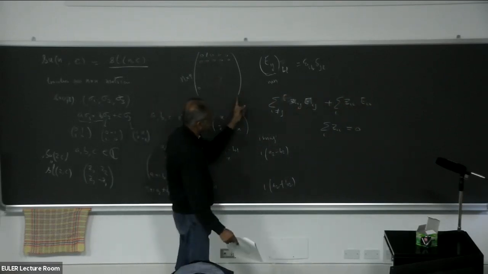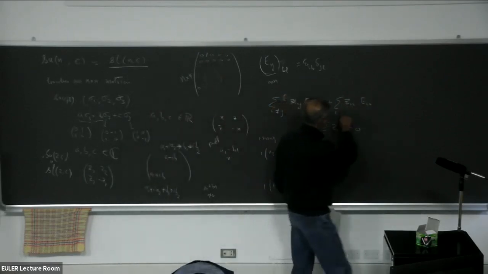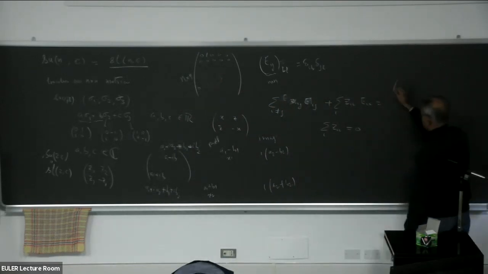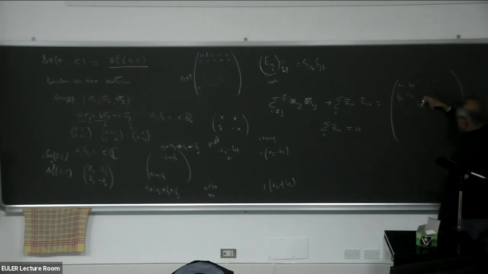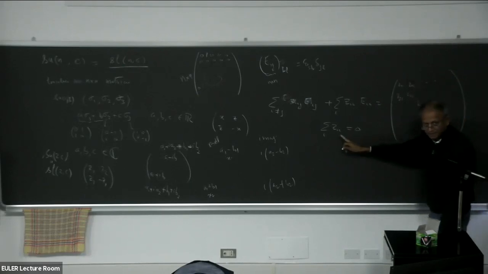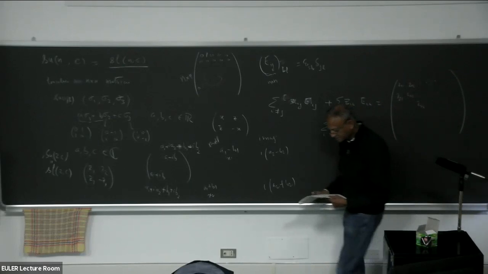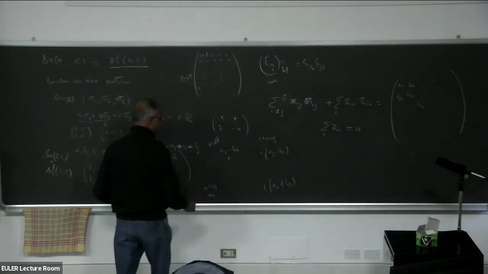So in this matrix, let's write down what it is. This matrix will be Z11, Z22, Z33 on the diagonal, and the off diagonal will be Z12, Z21, and so forth, right? But now we have the traceless condition, so the sum over these must be equal to 0. So our basis we can choose for the Cartan.